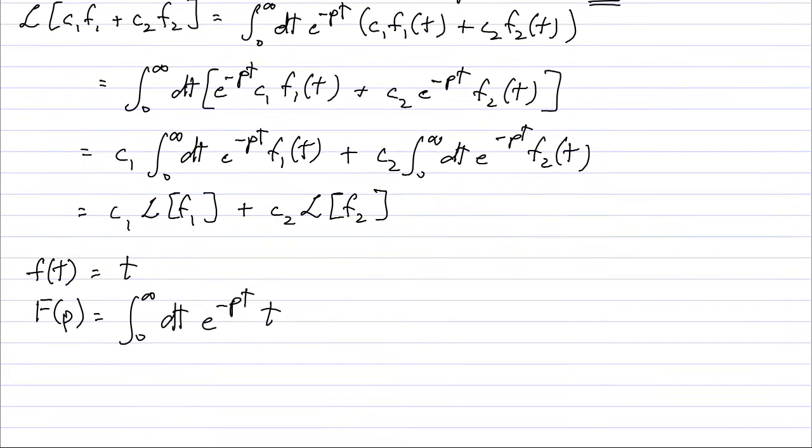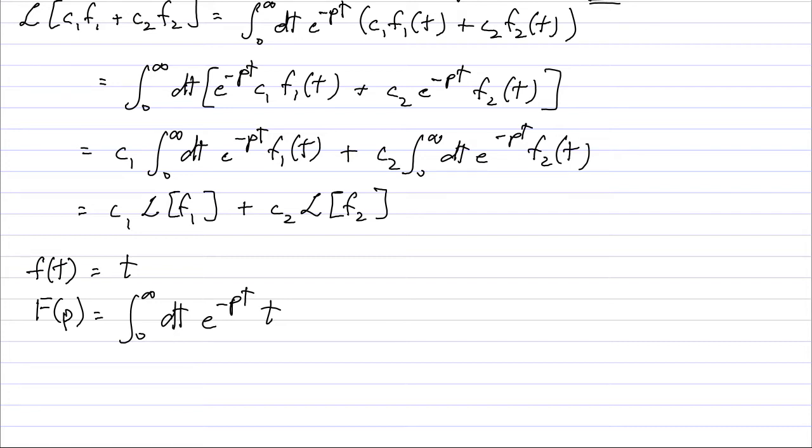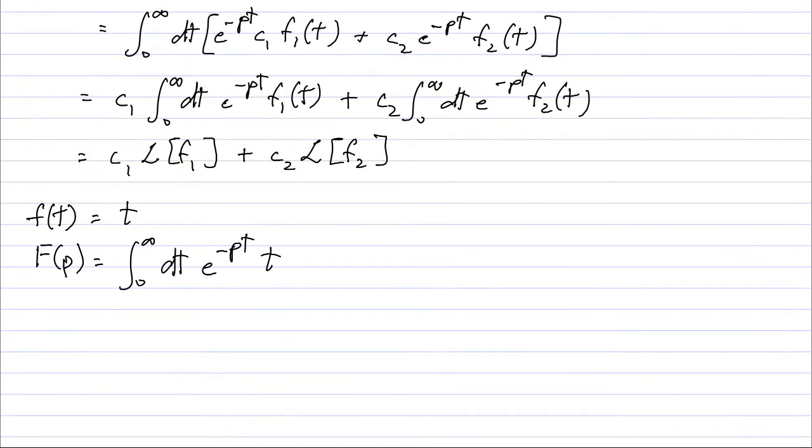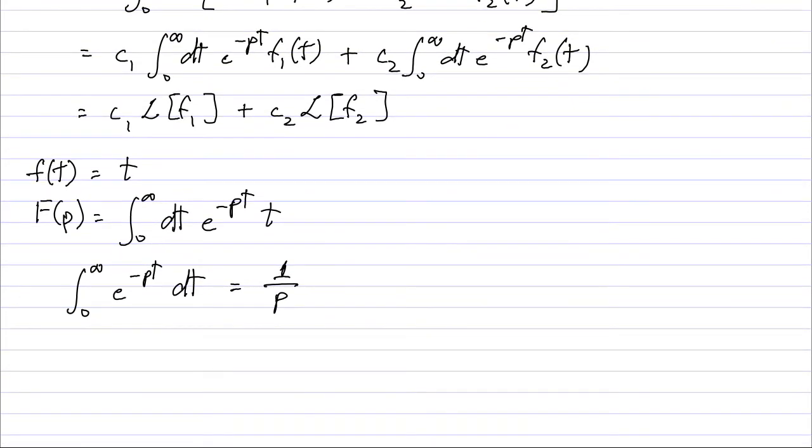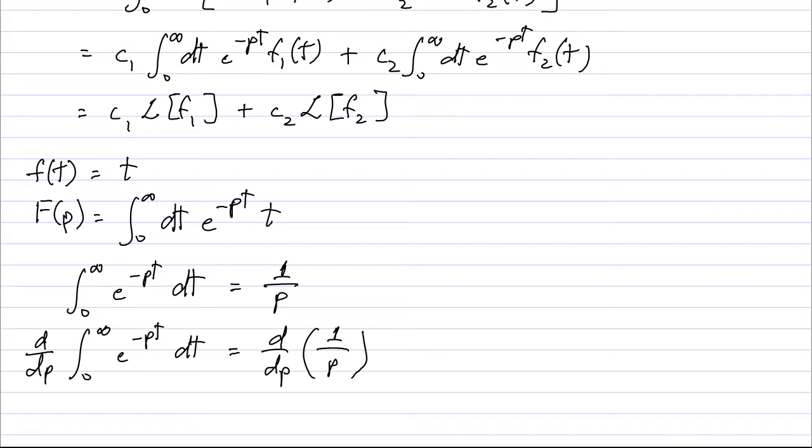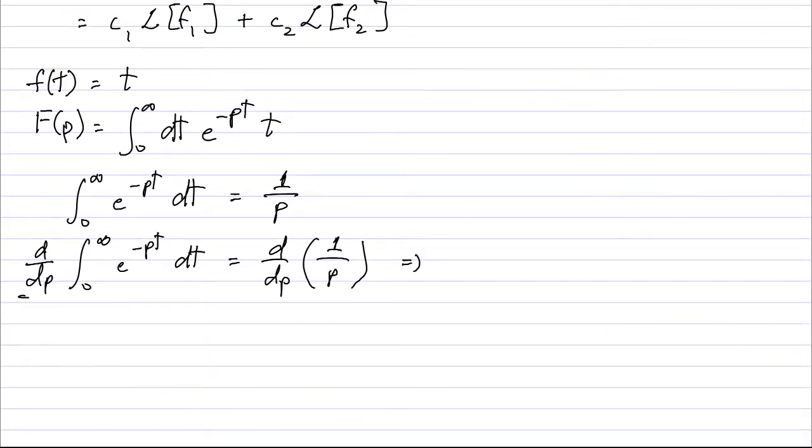Now you can do an integration by parts, but as we have seen before, there's a smarter way to do this, which is just to differentiate under the integral sign. To see that, recall that we just derived that this thing is 1 over p. If I differentiate both sides of this equation with respect to p, what do I get? This derivative you can bring inside the integral, so it becomes a partial derivative with respect to p of the integrand.